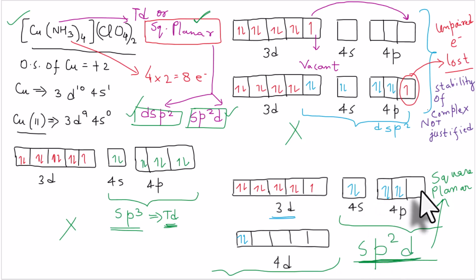To justify this, the pair of 4p electrons migrated from 4p to 4d, giving rise to sp2d hybridization. This kind of migration was justified and it led to a stable complex. So all of these factors led to the conclusion that the hybridization is sp2d for this particular copper +2 complex. I hope this explanation is quite clear to you.